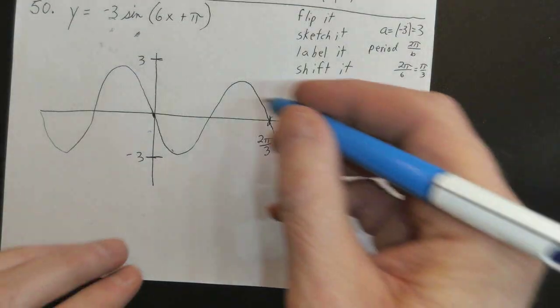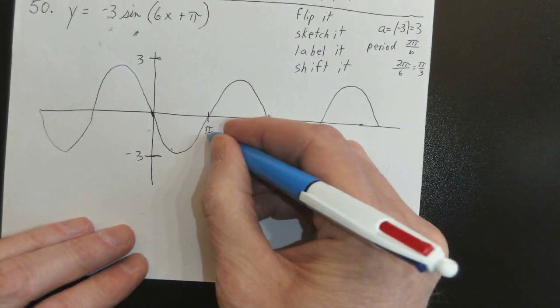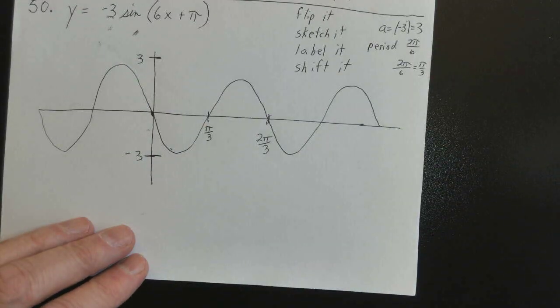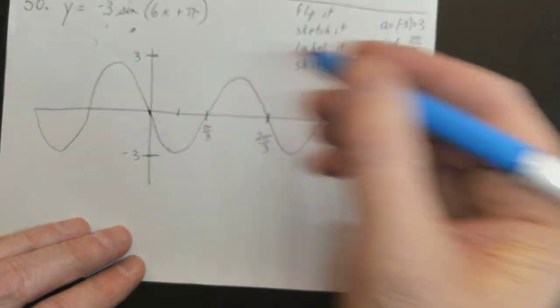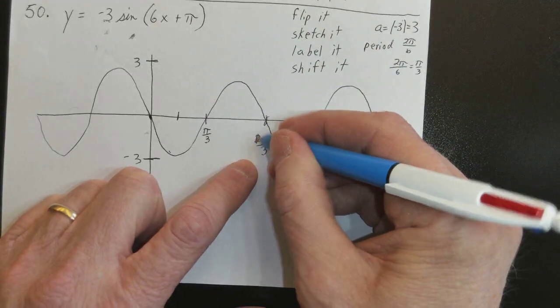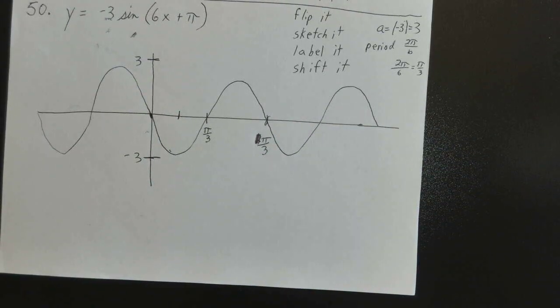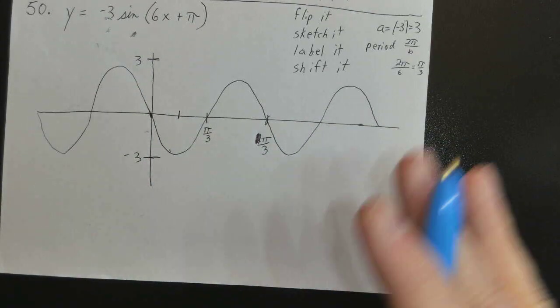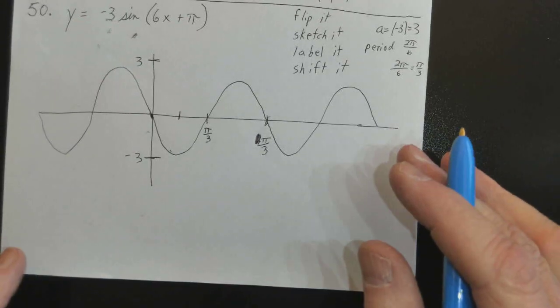Now, I'll split 2 pi over 3 in half. That's pi over 3. And half of, no, shoot, I said 2 pi over 3. That's just pi over 3, right? Okay. You were about ready to tell me? Is that what you were going to tell me? All right. Very good. Very good noticing. Okay.